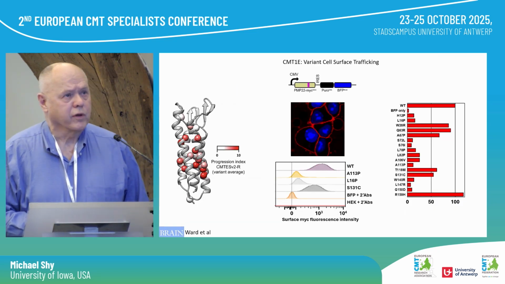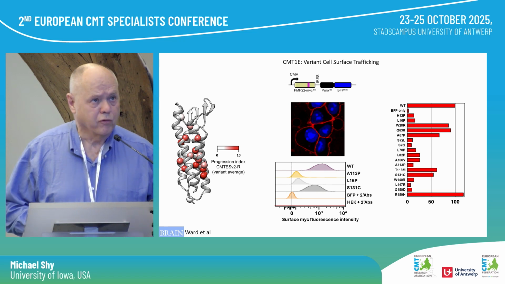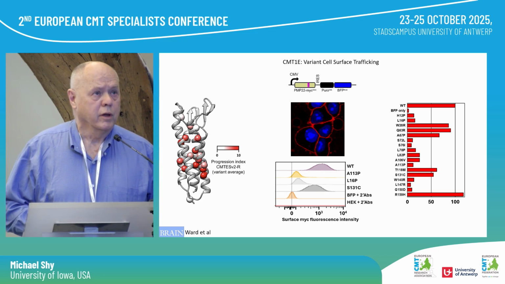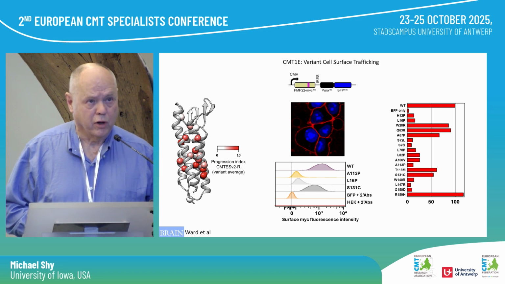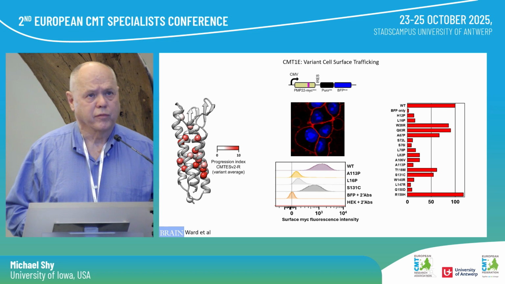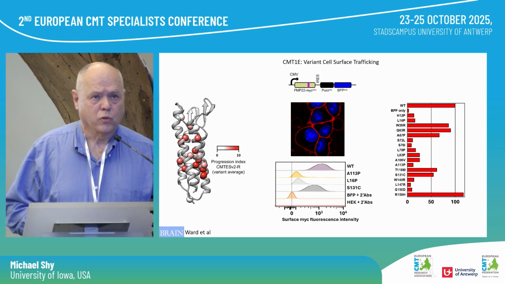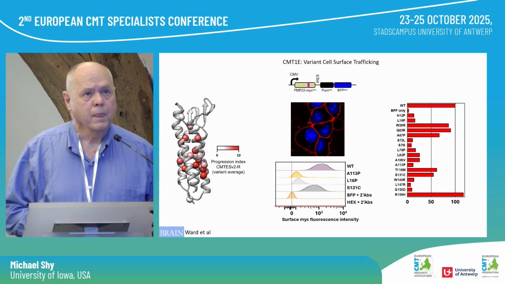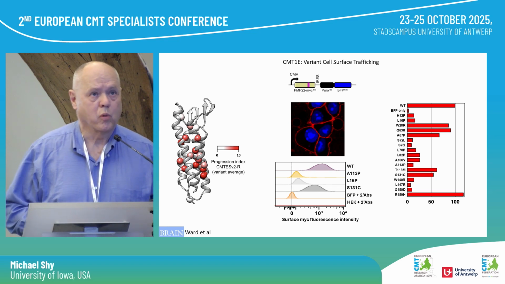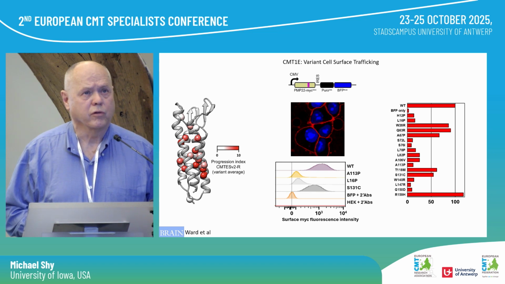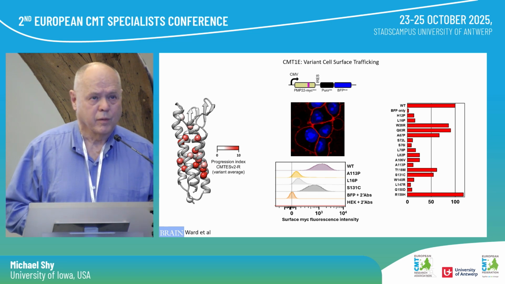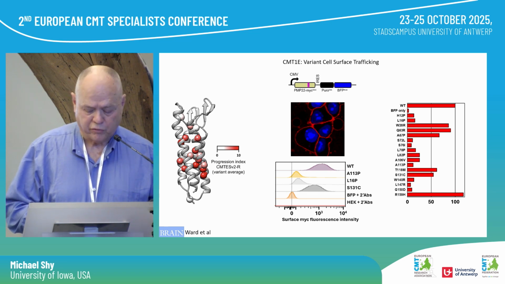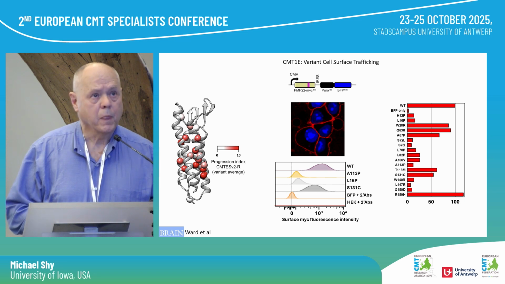So here on the left is an AlphaFold model showing the progression index. And you can see the deeper you get into the membrane, the higher and more severe the progression index is. And then we were able to use a cell surface labeling model. On the right, you can see the different mutations, and if they go out to 100, it means they're getting out to the cell surface. And you can see that many of the mutations, I'm sorry, I don't have a pointer, but you can see the Trembler J mutation, which is L16P, and many others really are near the 0 point on the x-axis, really suggesting that these are retained in the ER.